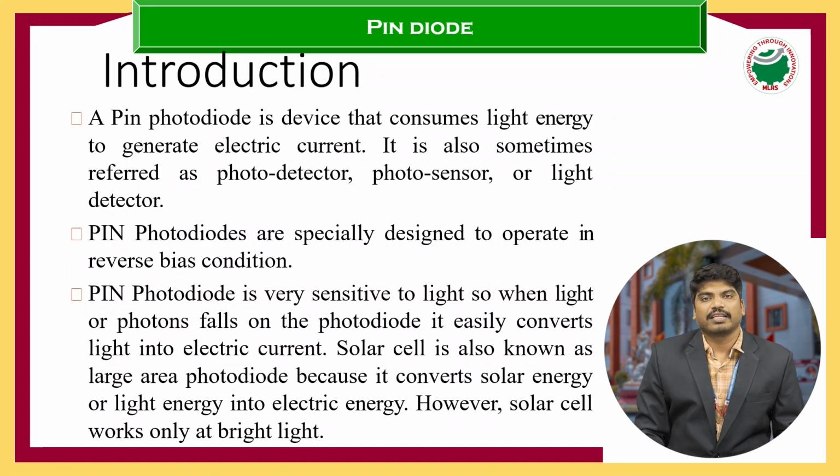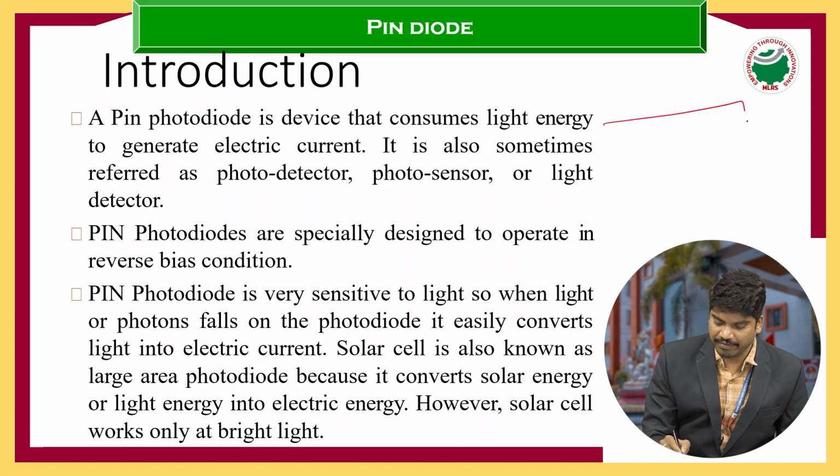Then the introduction. As I said earlier, a pin photodiode is a diode consisting of a PN junction. In addition to the PN junction, we have an extra layer, that is an intrinsic region.